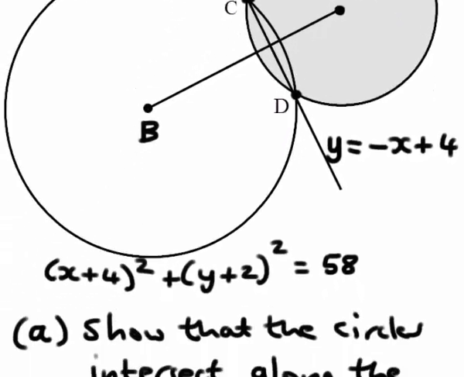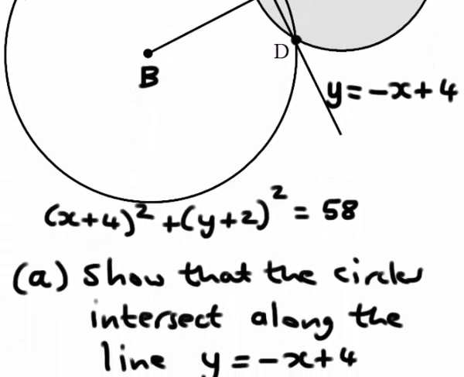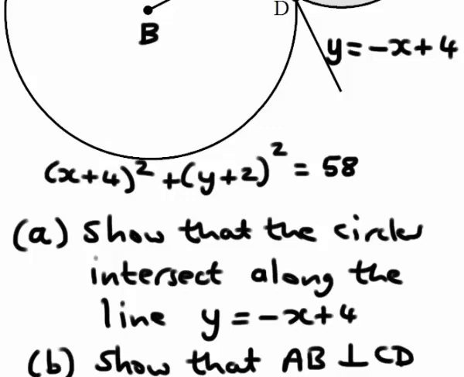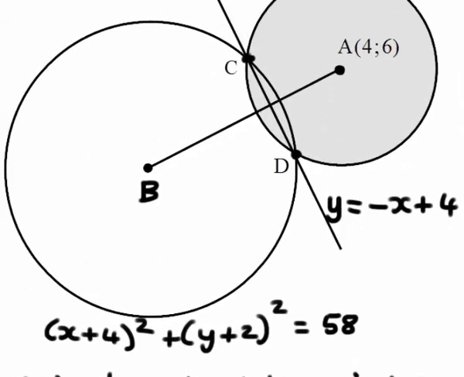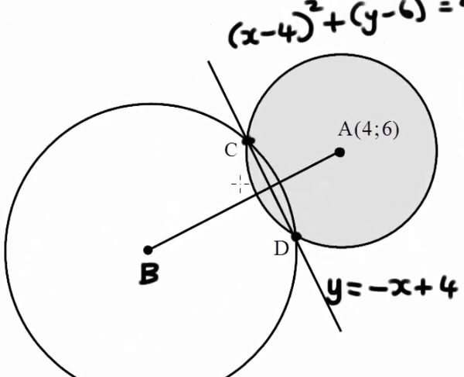And the first question is to show that the two circles intersect along that line y = -x + 4.